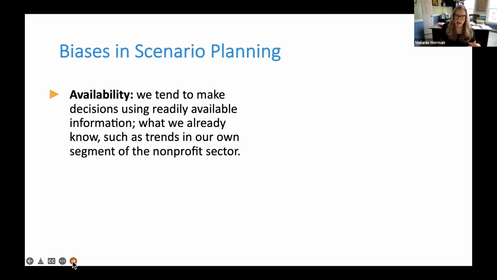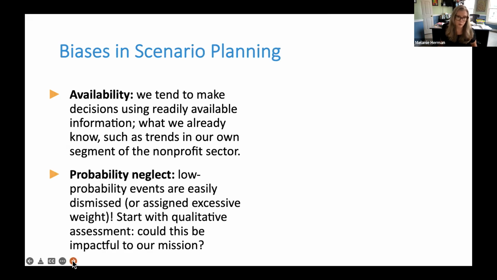So be wary of that. In scenario planning, in most instances, you're going to have to go beyond and gather information that you don't currently have, those knowable unknowns, right? Information that you could get, but you just don't have it in front of you at this particular moment in time.